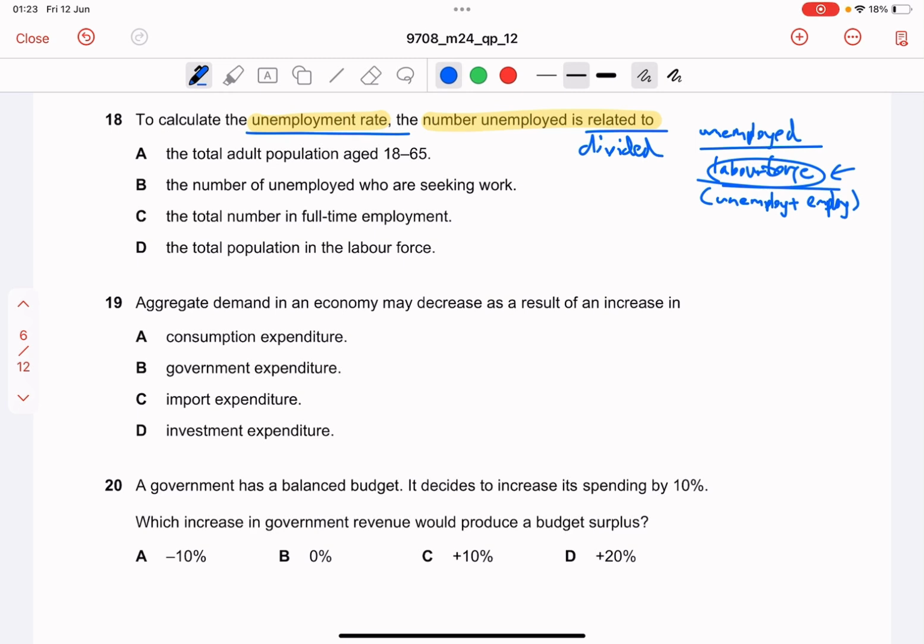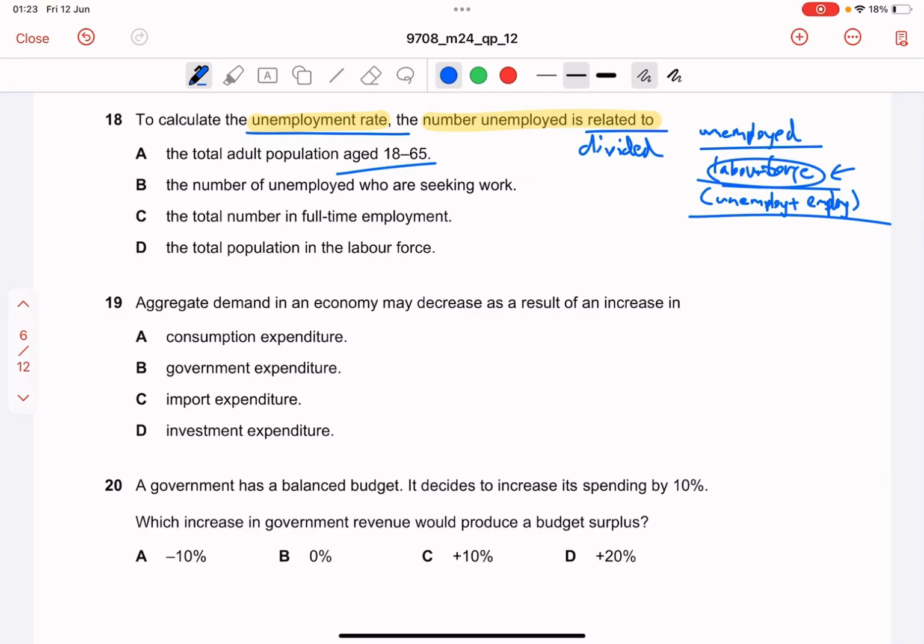So looking at the first option, the total adult population aged 18 to 65. Although yes, this is the typical working age, it does not specify whether this population is employed or unemployed, because there may be certain people who are unable to work or are not actively seeking work. So they would not classify as either unemployed or employed.